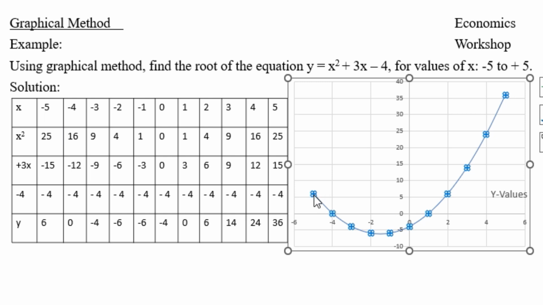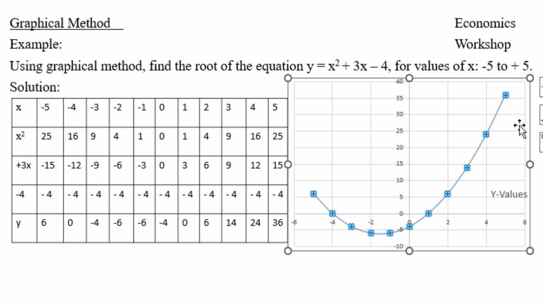This is a point here, a cardinal point. You can see we have minus 5, 6. For minus 1, 0, this is it here. Y is 0, x is minus 4.